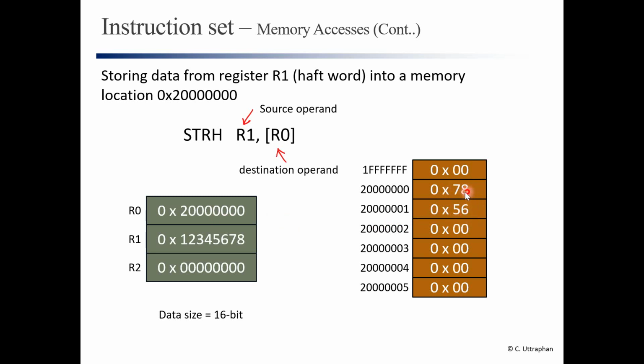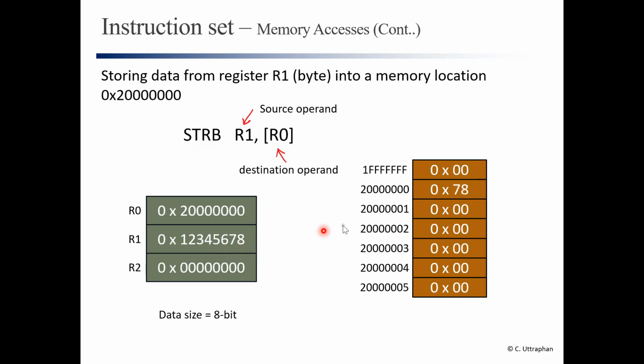The first address will get hex 78, while the next address will get hex 56. Observe that only 2 bytes are required to store a halfword value. For the store byte, only the byte value from R1 is copied to the address pointed to by R0, which is hex 20000000.